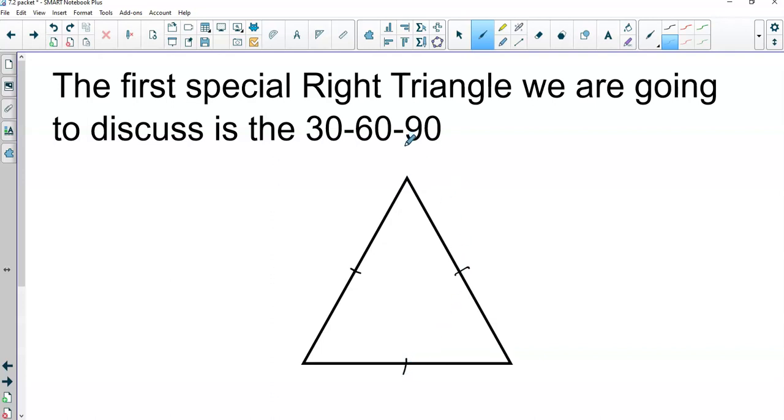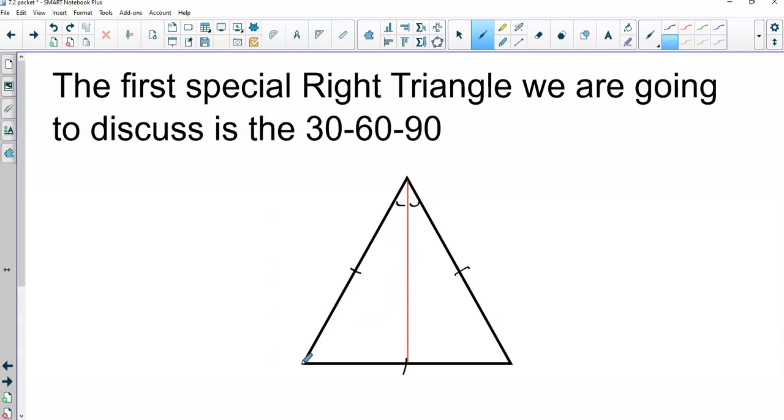Okay, so let's say we draw the altitude to this triangle. If we draw the altitude to this triangle, it would look something like this. Now, remember, if we draw the altitude of an isosceles triangle, it is actually an angle bisector, or it cuts the vertex angle in half, so that these two angles right here are congruent.